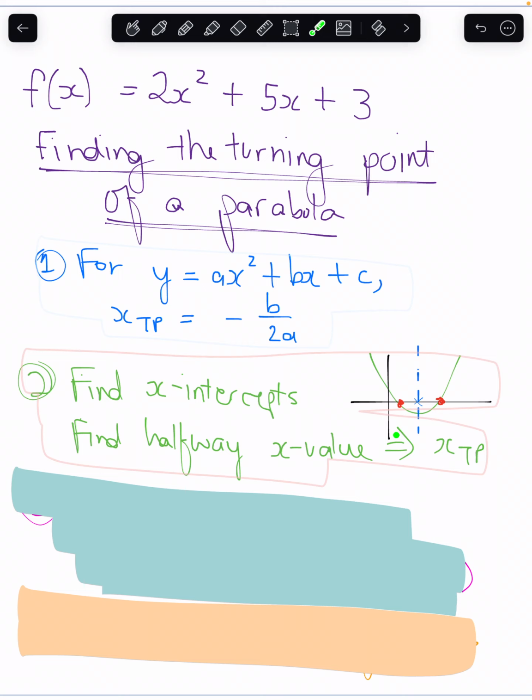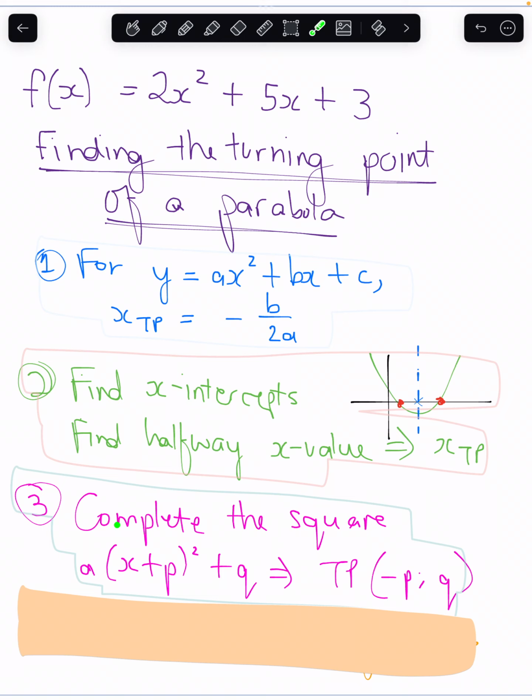That would be the x-coordinate of your turning point, because your turning point lies on the parabola's axis of symmetry. So that's another way to find the x-coordinate, and then as with the previous method, you would put that x value into the function to find the y-coordinate.